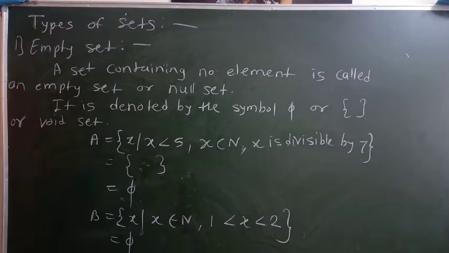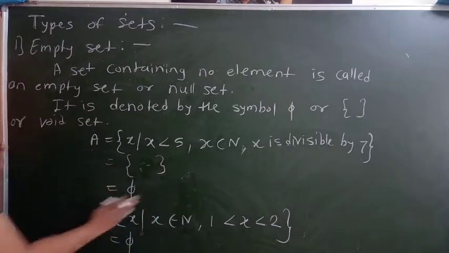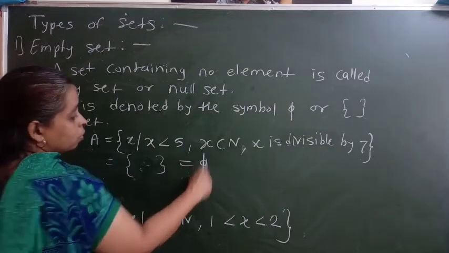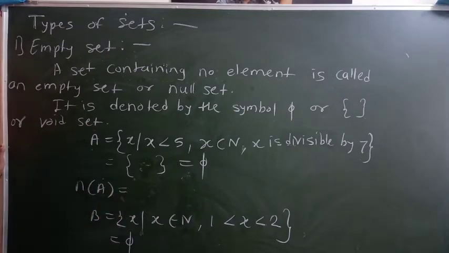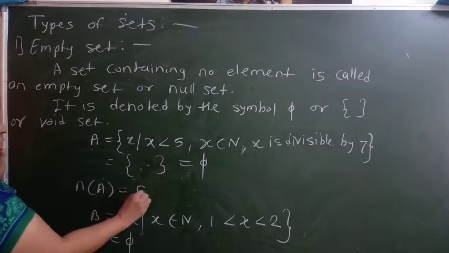Here for n of A, total number of elements for set A are 0.